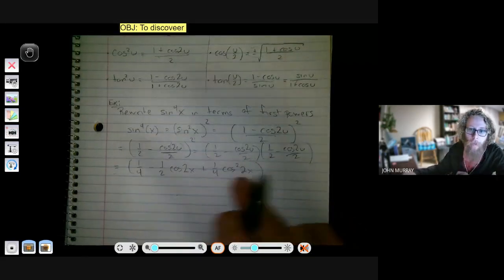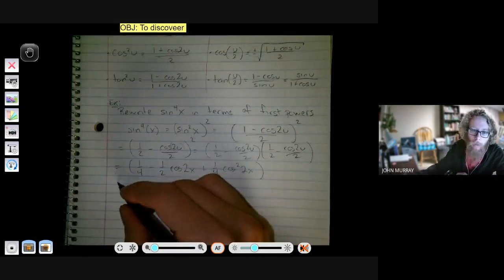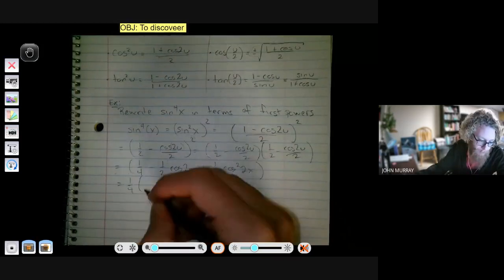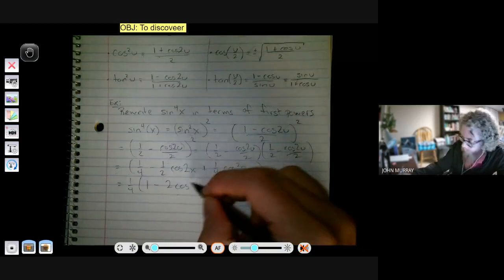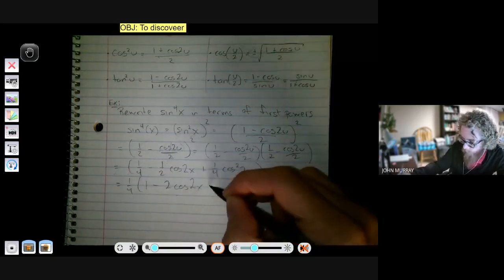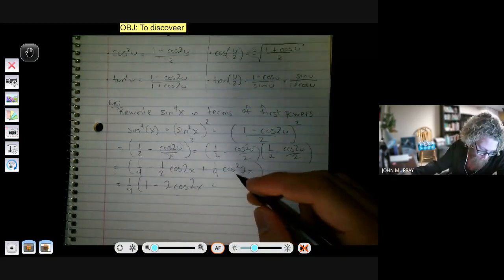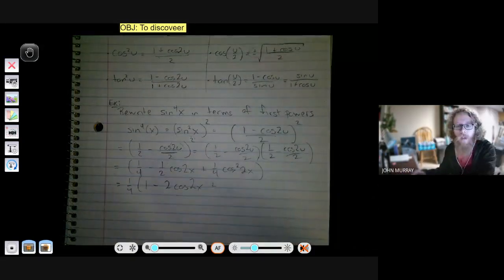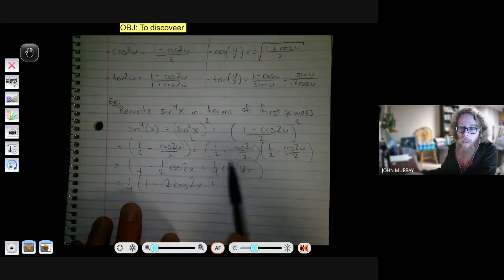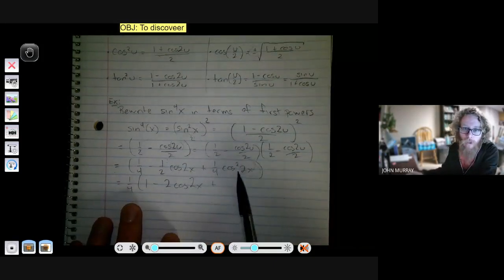And then we have that there. So this, I can make it a little nicer. I can pull out a 1/4. Oh wait, no, I'm sorry. Well, yeah, I pull out a 1/4, but then here, again, I have the cosine squared of 2x.